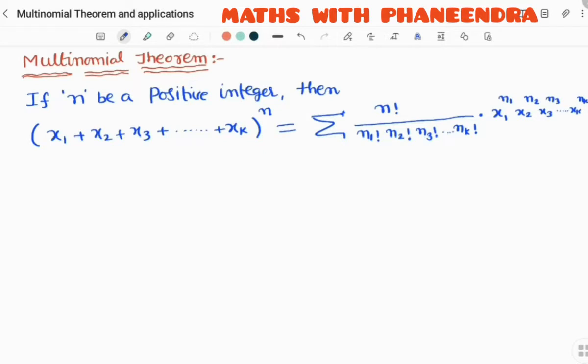This is the way we can express the multinomial expansion.